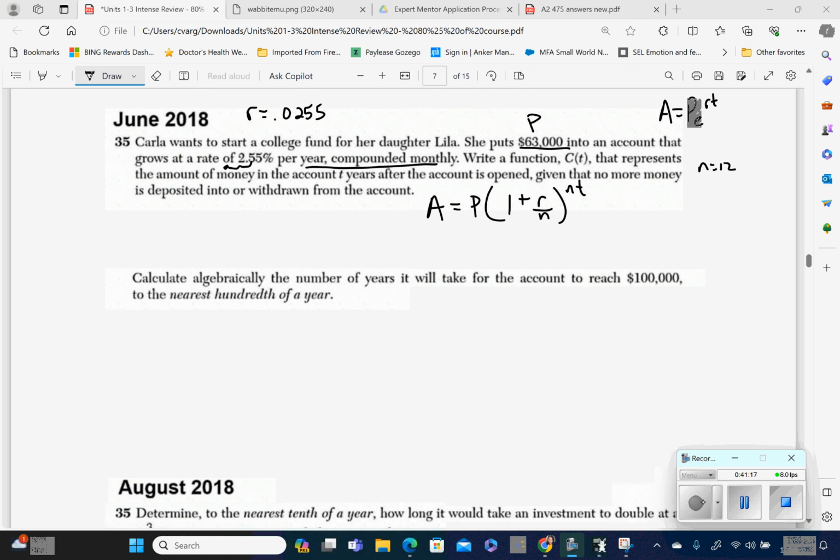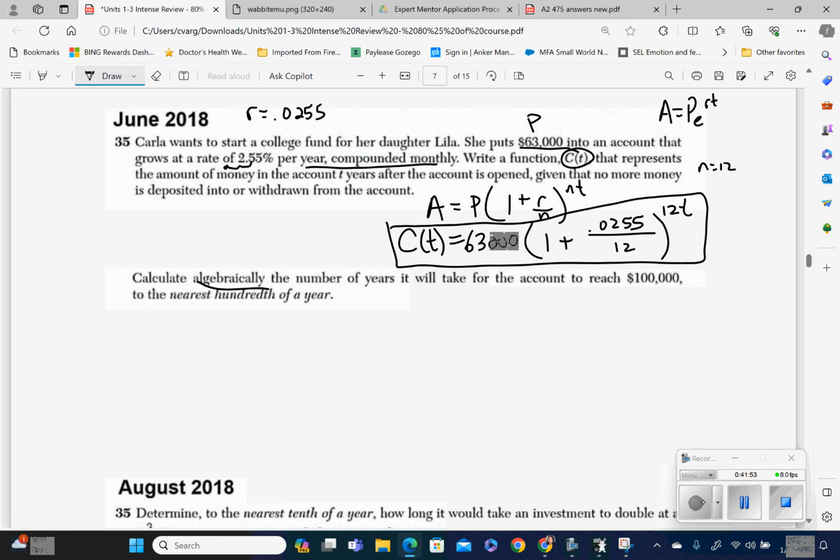Now it says calculate algebraically the number of years it'll take for the account to reach 100,000. So we're saying 100,000 is equal to this whole mess, 63,000 times (1 + 0.0255/12) to the 12t, okay? We're looking for our t here.